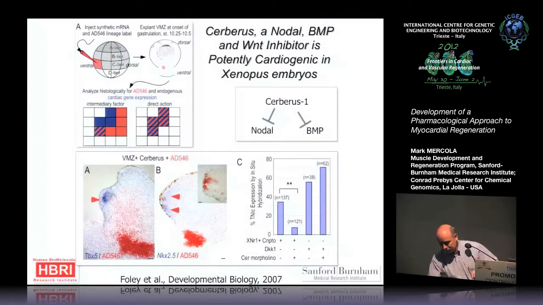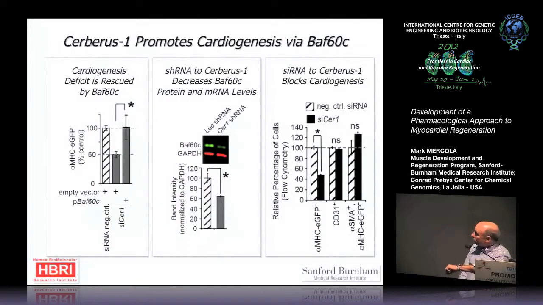Okay? So Wenqing then found that if you knock down Cerberus with an siRNA, you can come back and rescue it by BAF60C overexpression. Furthermore, if you knock down BAF60C, you can see a reduction in cardiogenesis. And then finally, if you knock down Cerberus, of course, it also blocks cardiogenesis.